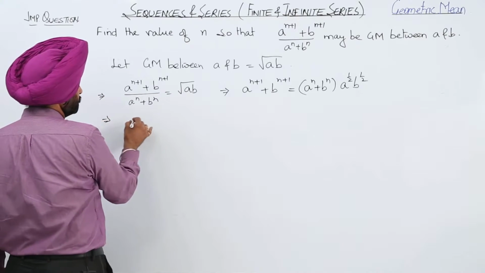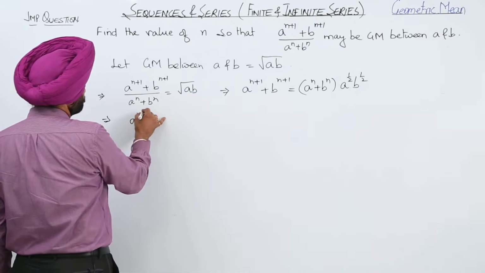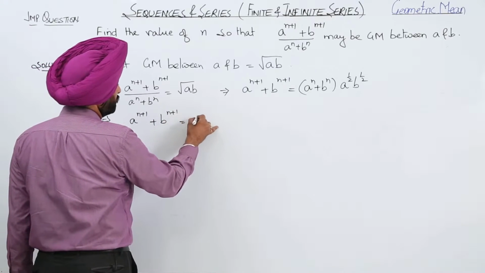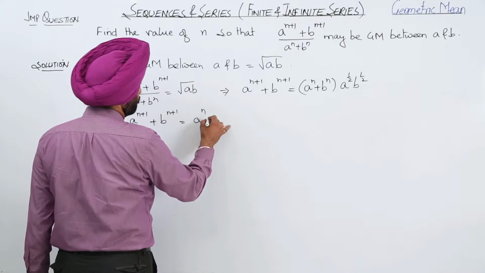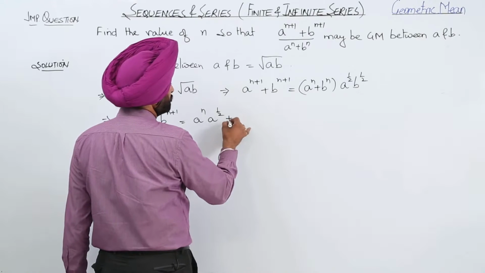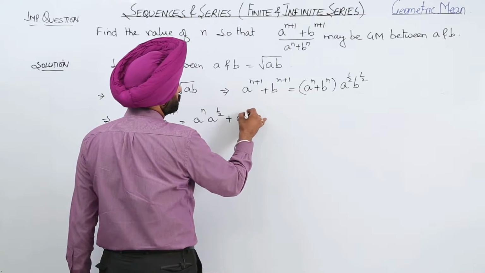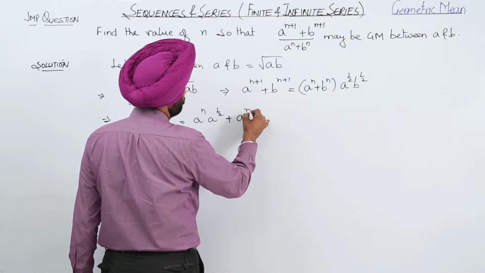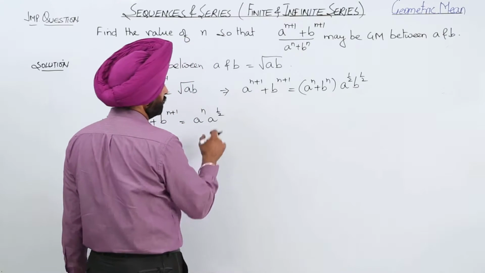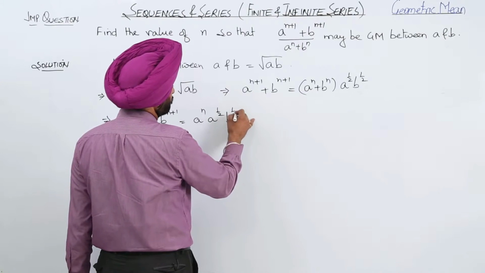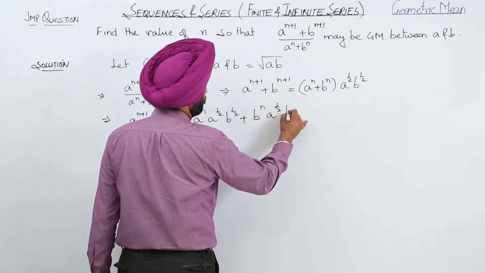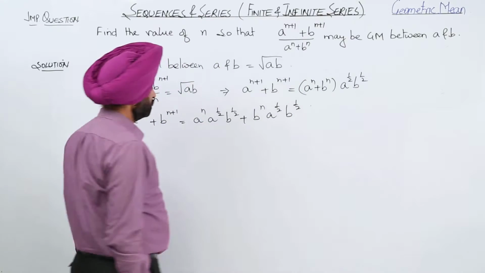Now this becomes a^(n+1) + b^(n+1) is equal to a^n a^(1/2) b^(1/2) + b^n a^(1/2) b^(1/2).